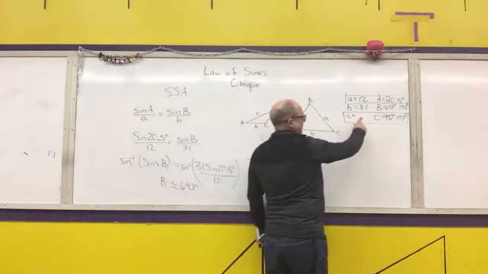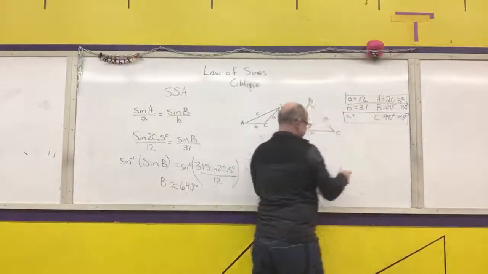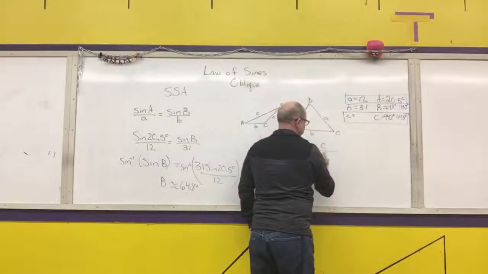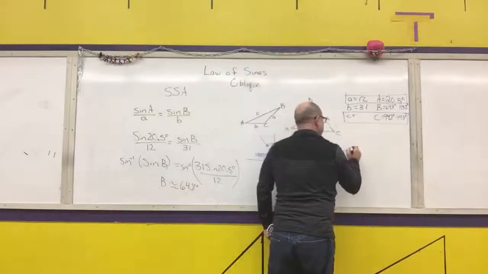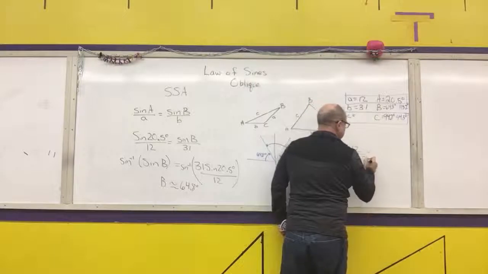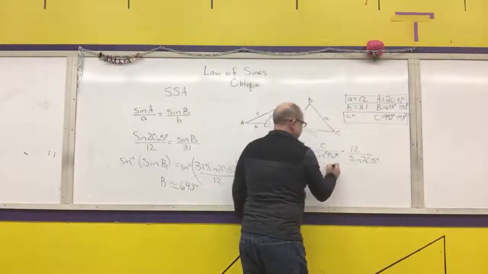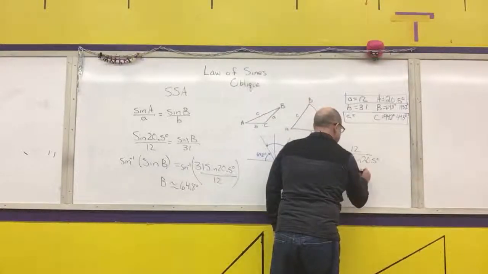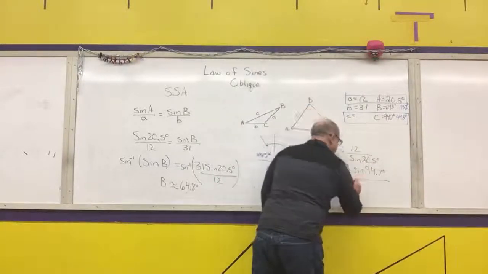So I'm going to write C over the sine of C is equal to A over the sine of A, or C over the sine of 94.7 degrees is equal to 12 over the sine of 20.5 degrees. To solve for C, multiply both sides by the sine of 94.7, and divide by sine of 20.5.